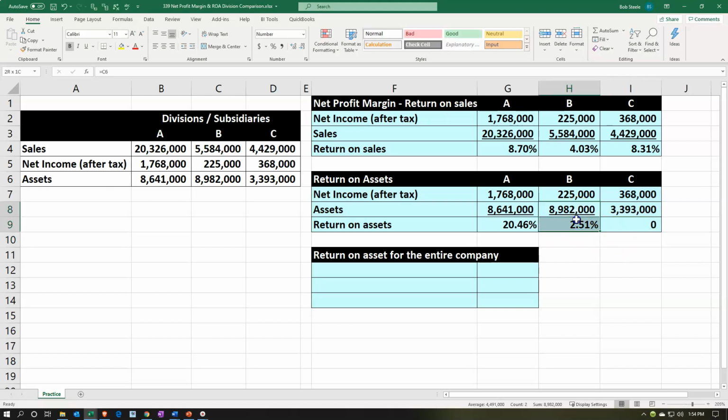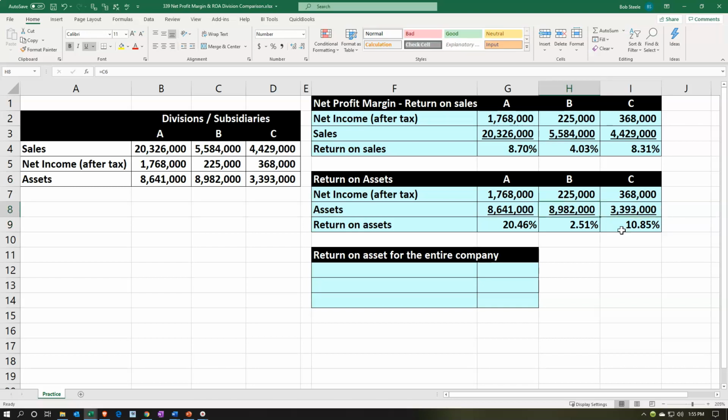Let's go ahead and format paint this, selecting these two cells, Home tab, clipboard, format painter. We'll paste that over here. So we're at 10.85. So obviously C is kind of in the middle here. So C has more income than B, but not substantially more. Far less than A, which looks like a lot larger division. But C is doing that income with a lot fewer assets involved. So therefore their return on the assets is a lot higher.